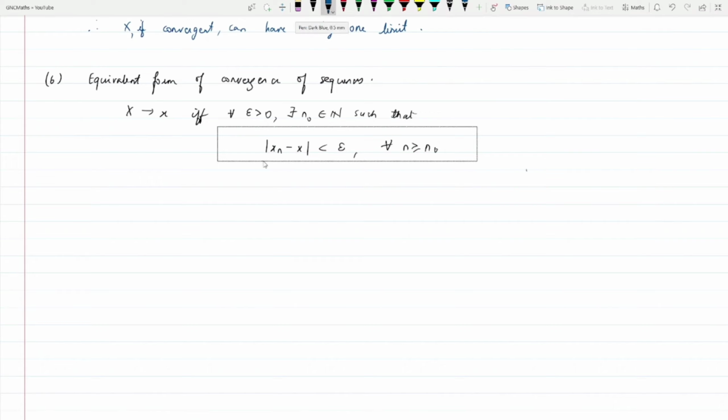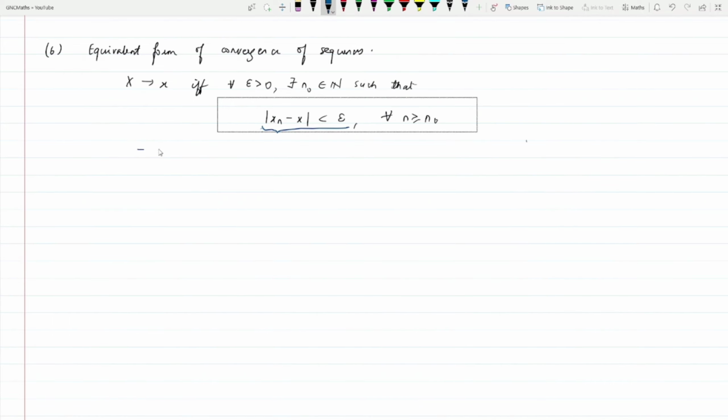The expression on the left can also be written as minus epsilon is less than xn minus x is less than plus epsilon, which is the same as x minus epsilon less than xn less than x plus epsilon. This is nothing but the definition of open neighborhoods.